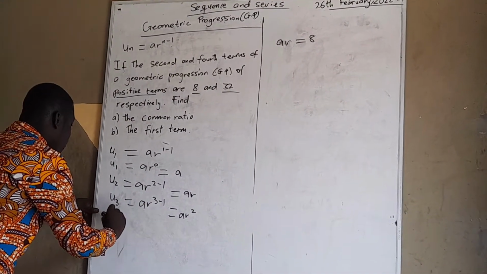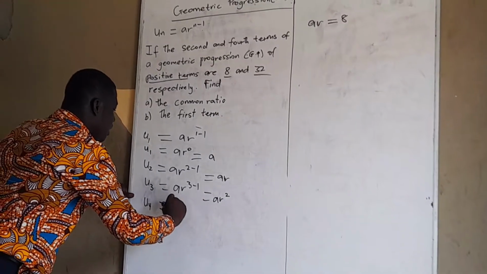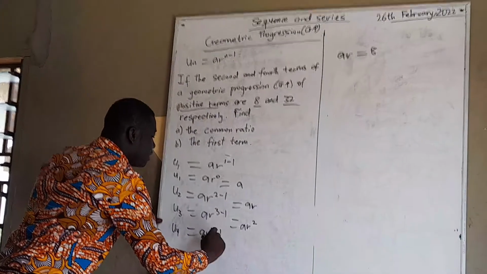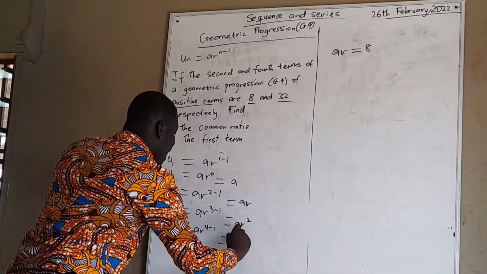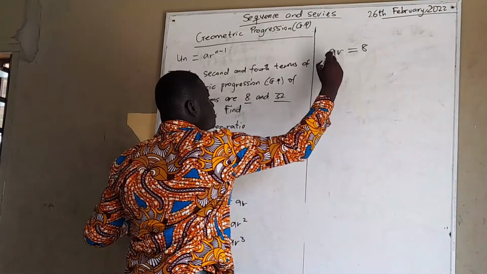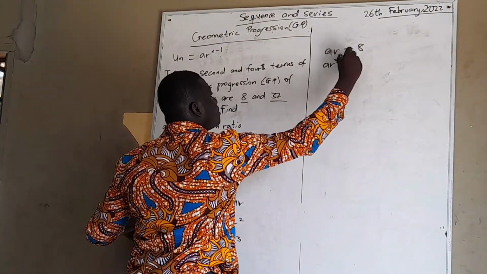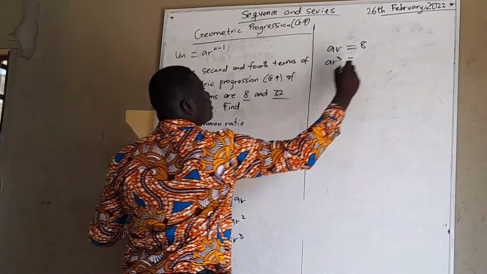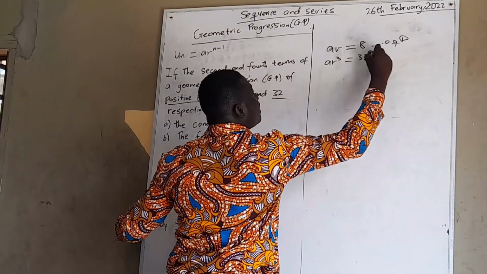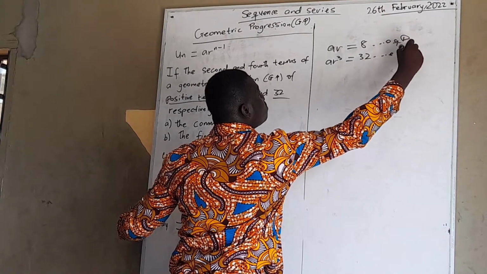So u4 is equal to ar exponent 4 minus 1, which is equal to ar cubed. So ar cubed is equal to 32. So this is our equation 1, and this is our equation 2.